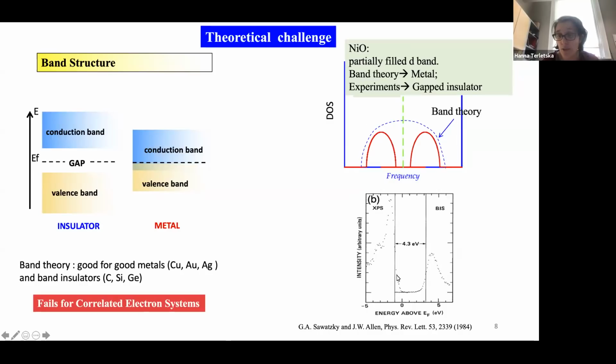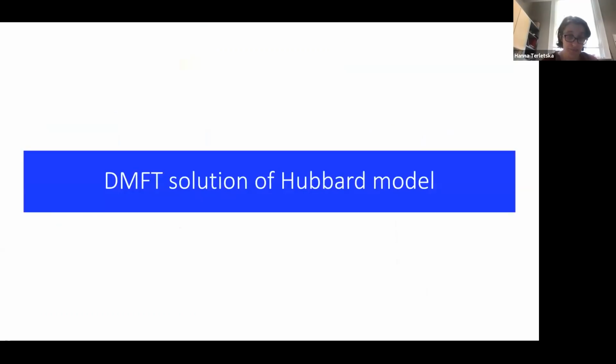However, experiment shows there is actually a very wide gap in these materials, which band theory of solids obviously is not able to capture, because it employs independent electron motion, which I have mentioned before is not appropriate for description of correlated systems.